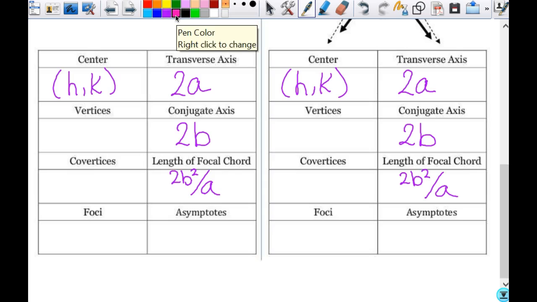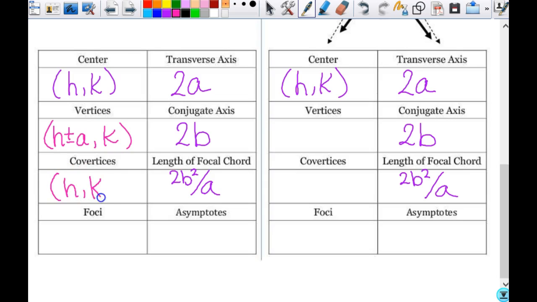So our vertices, this is a horizontal transverse axis, so it's the x values that are changing, and the distance from the center to the vertex is a, so it is h plus or minus a. The co-vertices, since this is a horizontal transverse axis, the vertical changes, so your h remains the same, and it's k plus or minus b. Remember the foci and the vertices and the center, these things all line up.